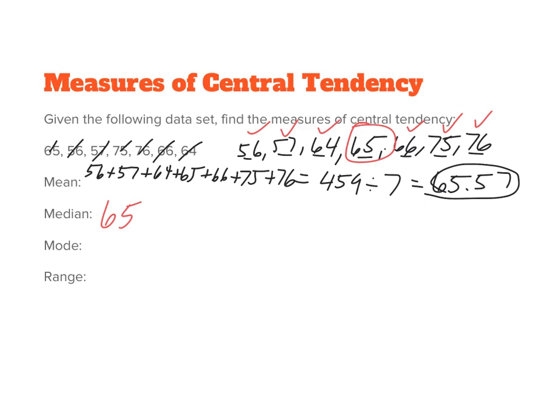For my mode, I look for any numbers that appear more than once, and none of them do. They're all different, so I would say that there is no mode. For the range, I take the largest number, which is 76, and I subtract from it the smallest number, which is 56, giving me a range of 20.